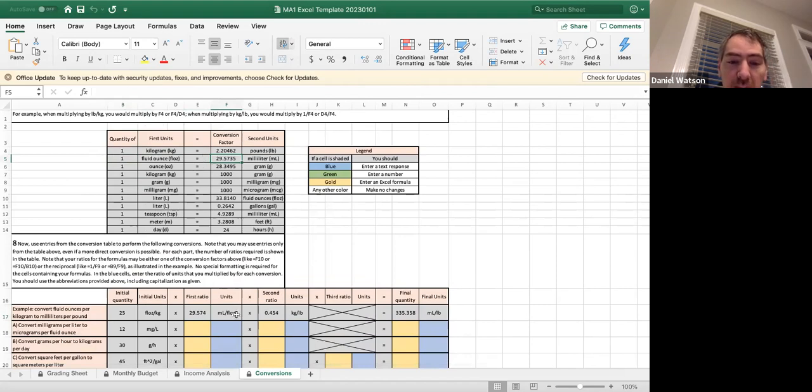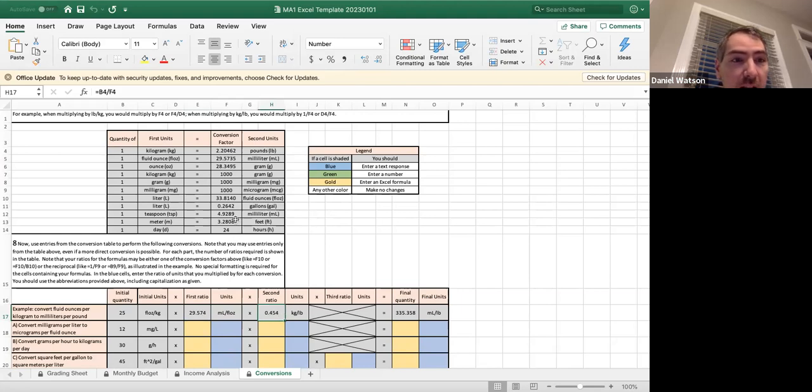In our units, we have milliliters per fluid ounce. So we're going to type that in as equal F5, the number of milliliters, divided by B5, the number of fluid ounces. Same thing with the kilograms per pound. We're going to write that as the formula kilograms divided by pounds.